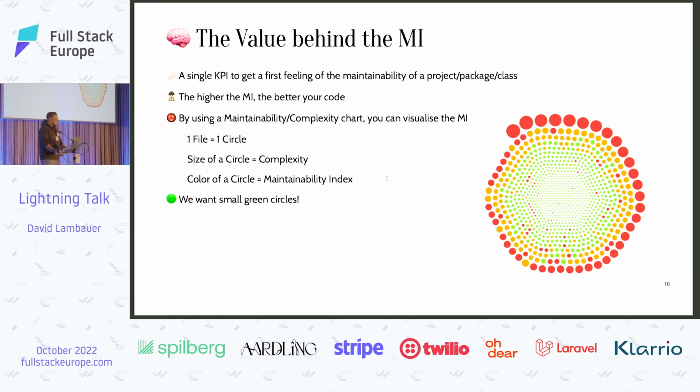Then you also have different colors, which represent how maintainable it is. Red is poorly maintainable, and green is very nicely maintainable. So what we actually want is small red bubbles, and we want to focus on the big red ones, to be honest.